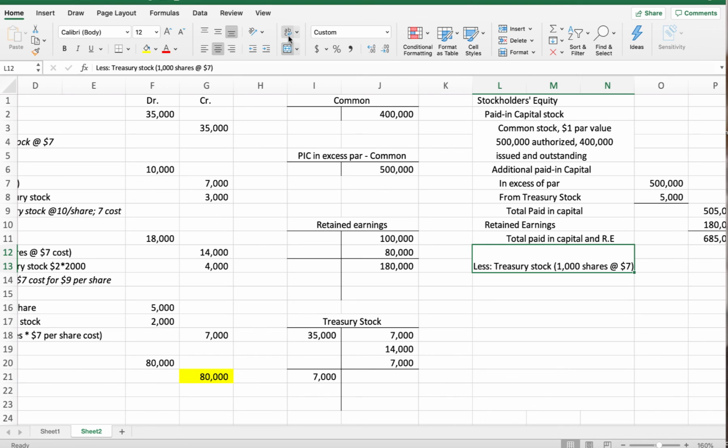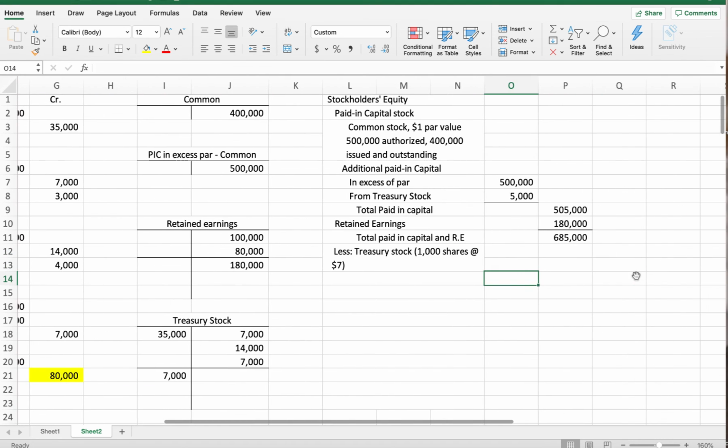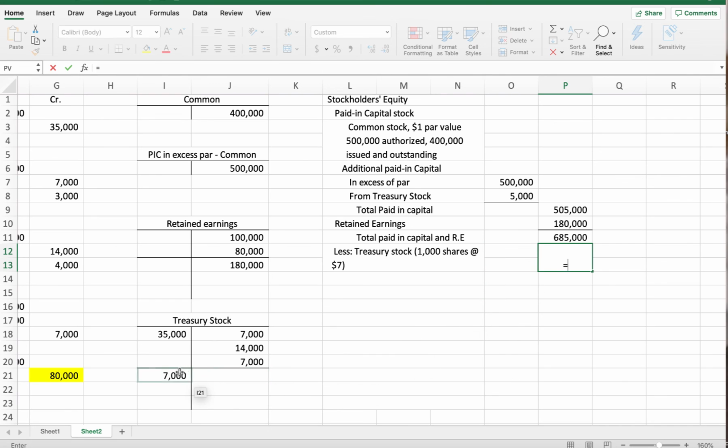Okay, there we go. So now I need to put the balance of my treasury stock. And my balance is going to be my 7,000. So now I can figure out what is the total stockholders' equity.